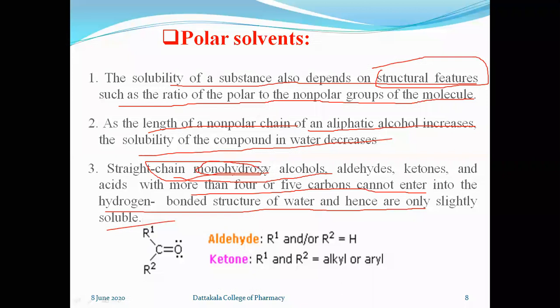So that's why the compounds with more than 4 to 5 carbon atoms will show only slight solubility, because only one hydroxy group is present and the quantity of the non-polar part increases. So this is again a reason in the solubility.